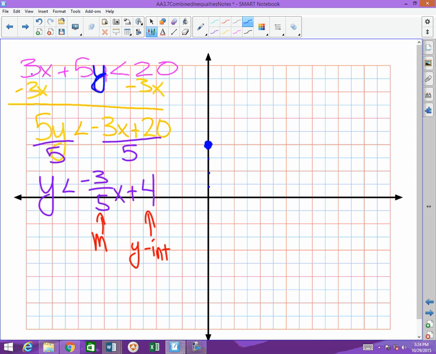Then our slope is negative 3/5, so down 3 and to the right 5, and again down 3 and to the right 5. You can also go up 3 and to the left 5. And so then we have our line.